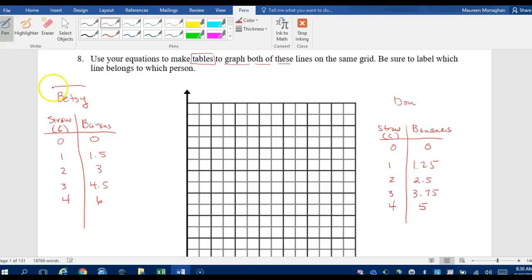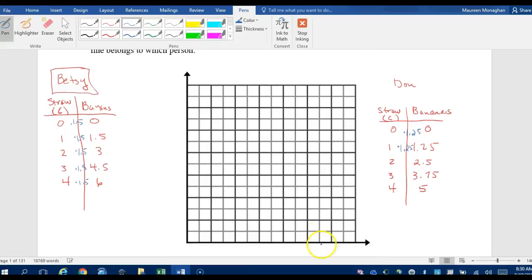For Betsy, her multiplier was 1.5, or the unit rate, so each time I multiplied by 1.5. But Don's is 1.25, so each time we multiply by 1.25.